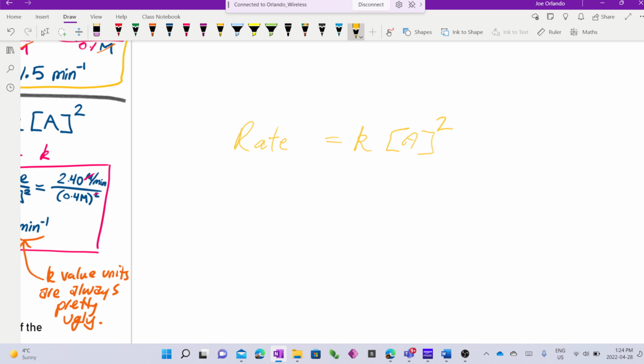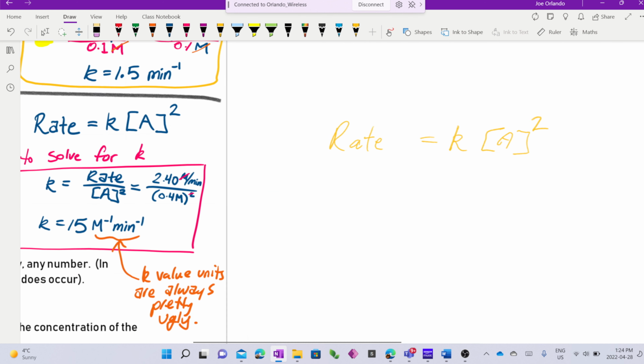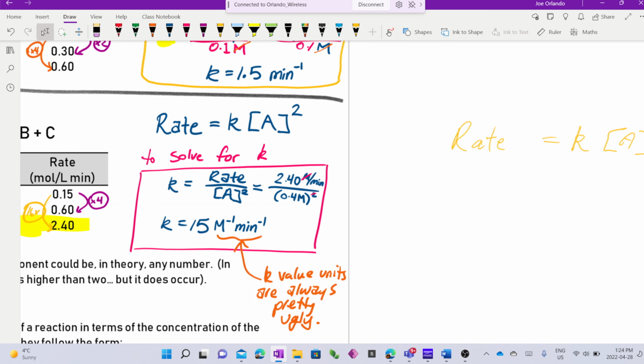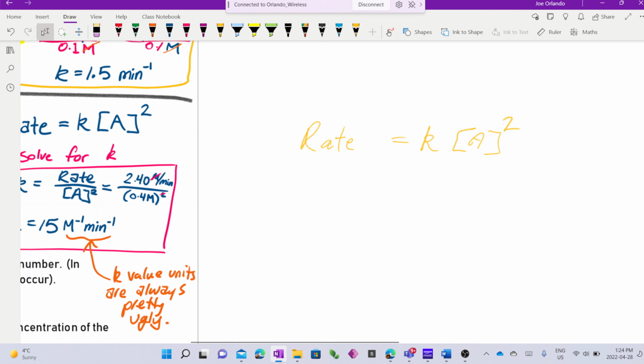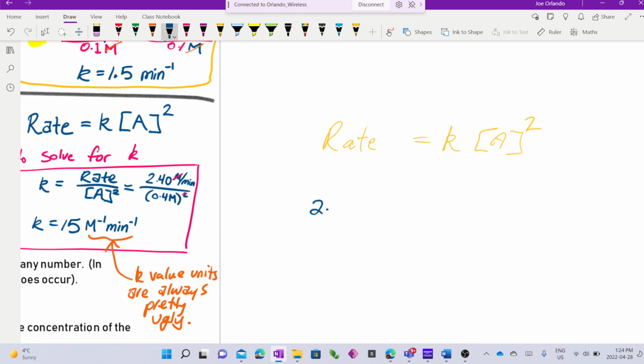So there's some number in front that is changing that in a linear fashion as well. There's a constant. Okay, and then with your units on the bottom, which is the most confusing thing I've seen, say M^-1 and min^-1. Yeah, so when we go to solve this slowly, we would have 2.4 molar per minute, which is the unit here, equals K times 0.4 molar squared.